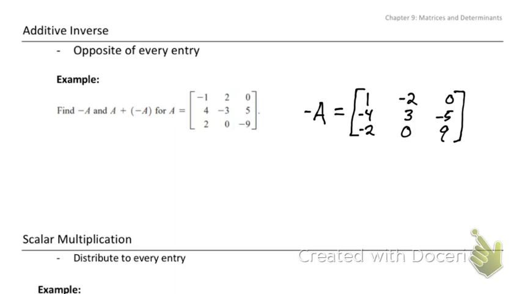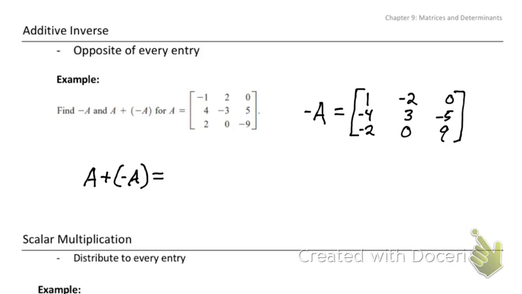So the additive inverse is basically multiplying your entire matrix by a negative 1. Every element's being multiplied by a negative 1. Because our end goal is, if I add A to negative A, we should result in a 0 matrix. That's what it means to be an additive inverse. So what that would look like is A plus negative A is going to equal, if I go element by element, negative 1 plus 1 is 0.